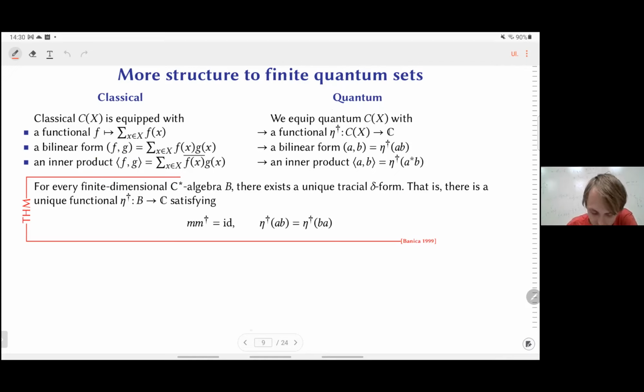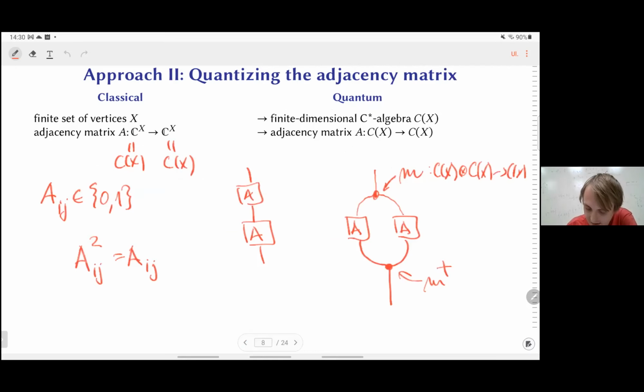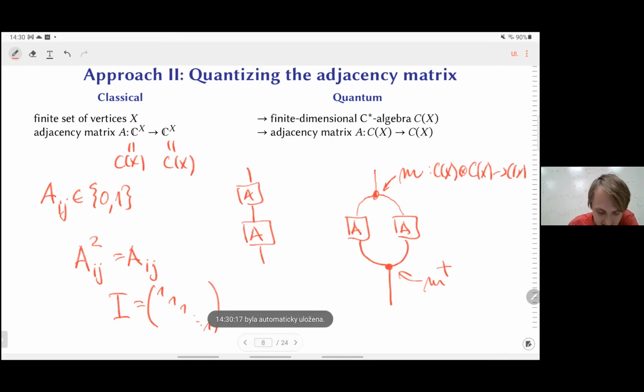What I forgot to say is that in order for all this to make sense, we would like to expect that if we take the identity matrix as the adjacency matrix, which in all bases looks like this, then this entry-wise product, where instead of A I take just the identity, of identity with itself is again identity, because this is what classically holds.